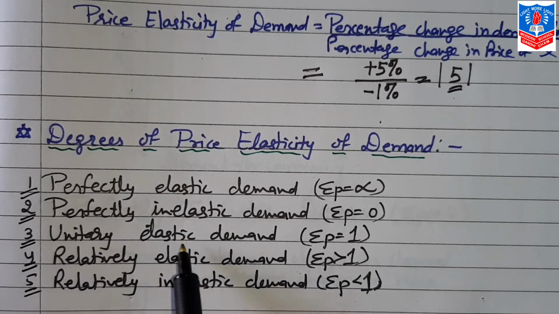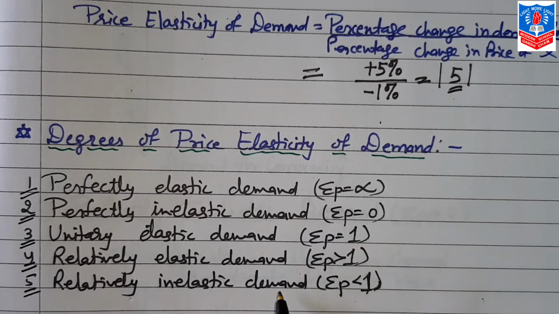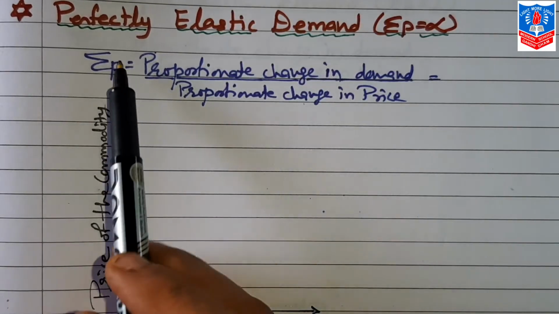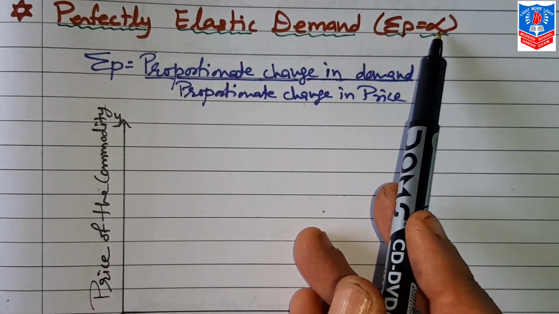Third is unitary elastic demand, where price elasticity is always 1, while relatively elastic demand is where price elasticity is greater than 1, and finally relatively inelastic demand, where price elasticity of demand is less than 1. So these are the 5 degrees of price elasticity of demand, which we will discuss one after the other. First type is perfectly elastic demand, which is infinite.